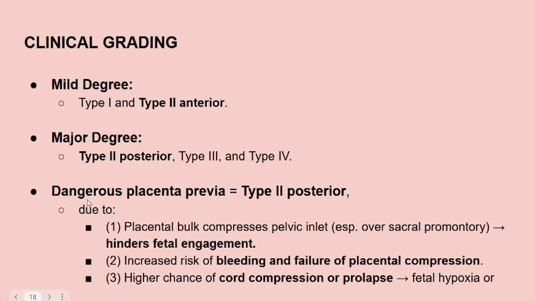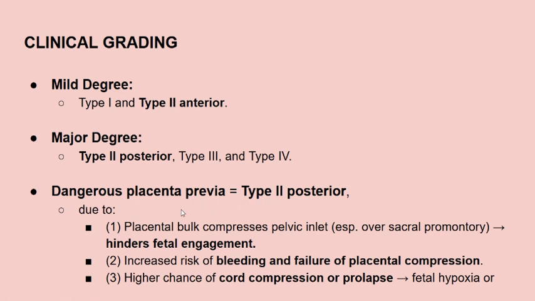Generally, the dangerous type is referred to as the type 2 posterior, for certain reasons. We know that type 3 and type 4 have already encroached and covered the internal os, but in most of those cases the management decisions are usually very easy. We know that they are mostly recommended for cesarean section.